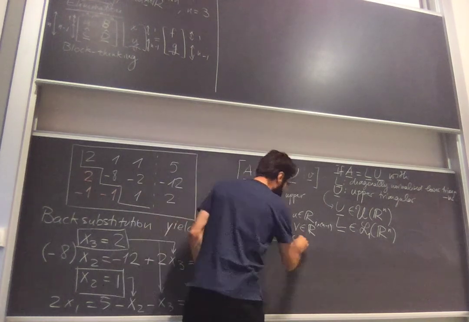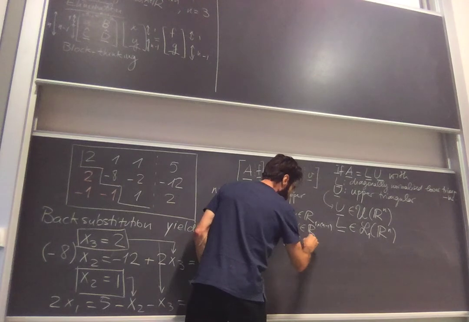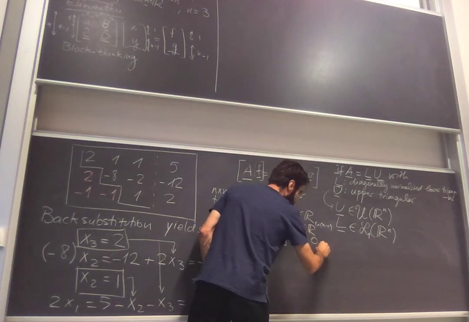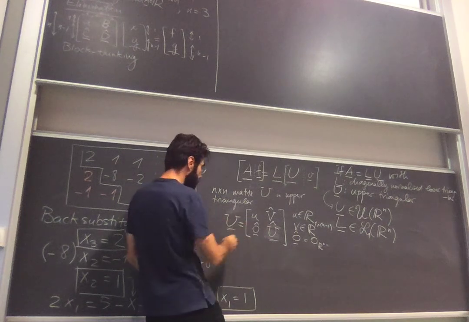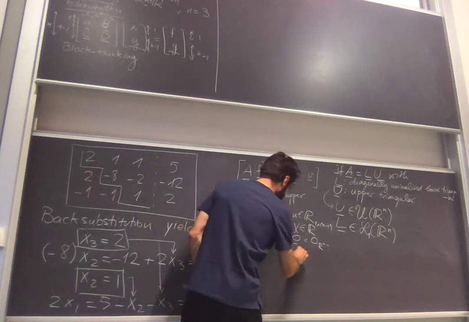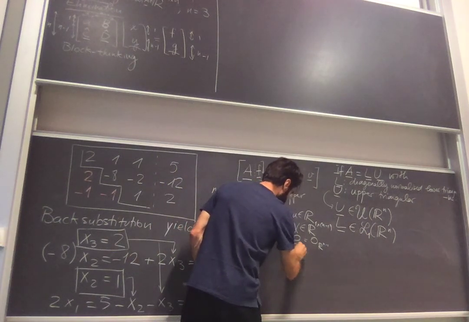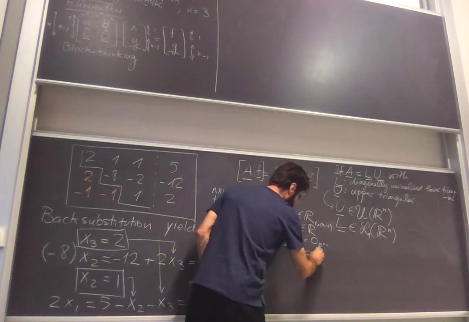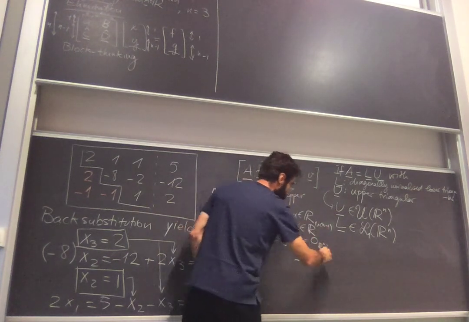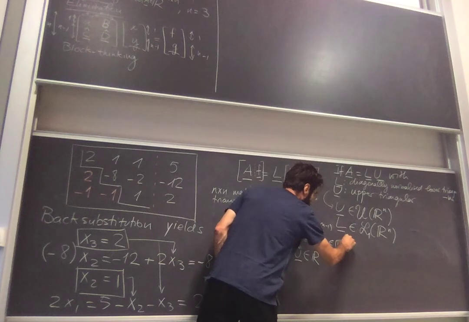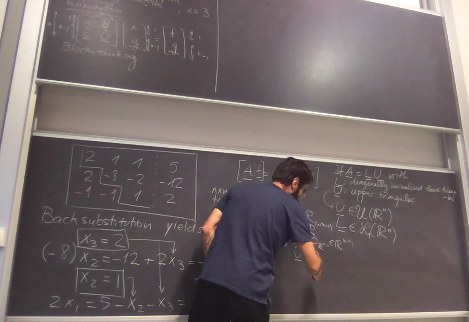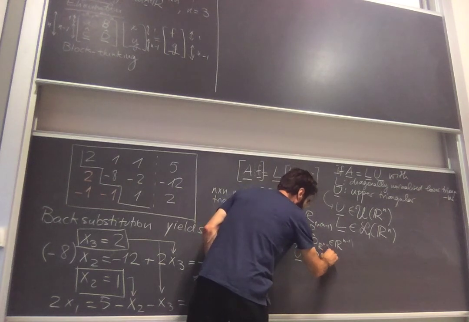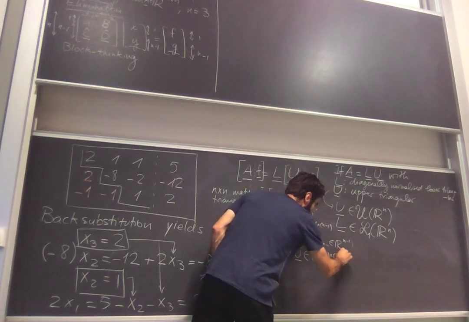So 0 hat is the 0 of R n minus 1, okay, the column 0, and U hat, of course, has to belong to, to be consistent with this, R n minus 1 times n minus 1.